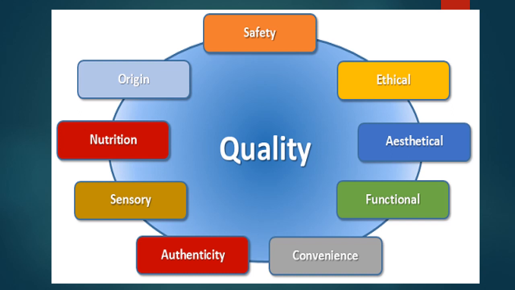All these are becoming important in modern times for food quality, but we are restricting to the 4 aspects in meat quality, of which the first is the functional or physico-chemical quality. I am discussing the first part of it, and the second part will be in the next lecture.